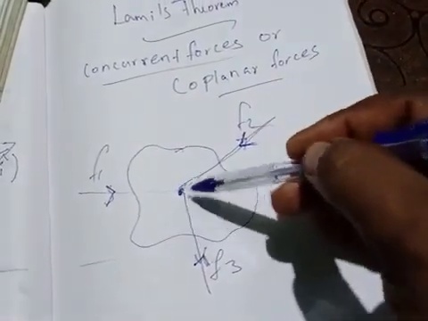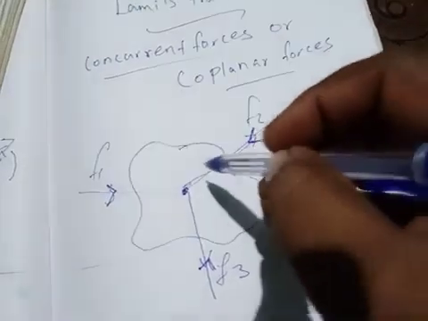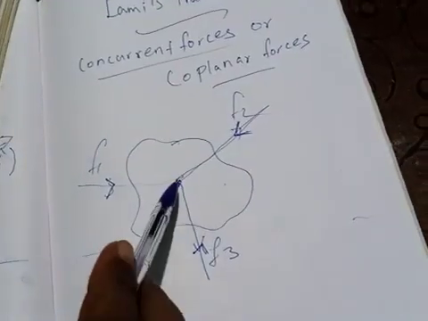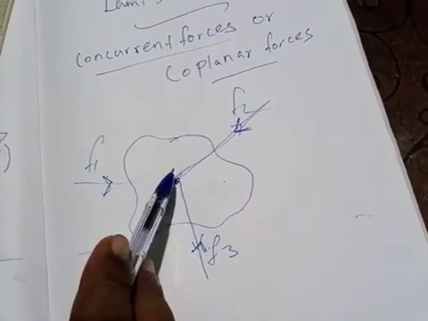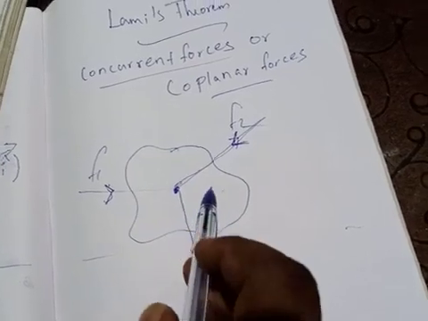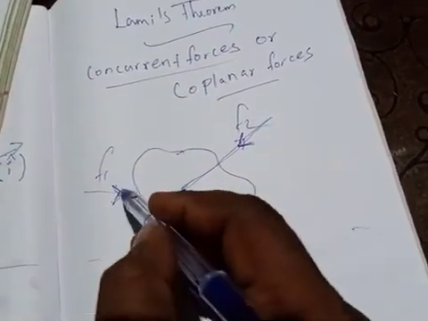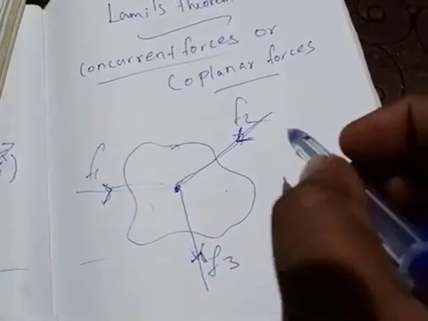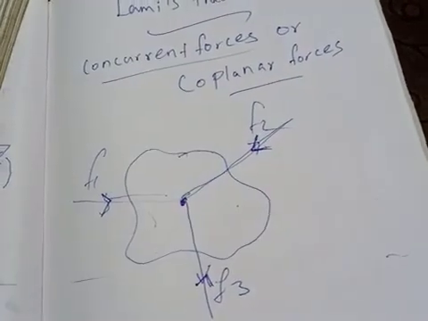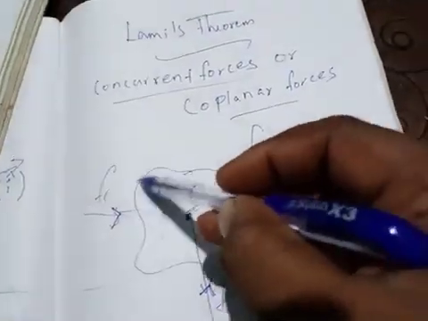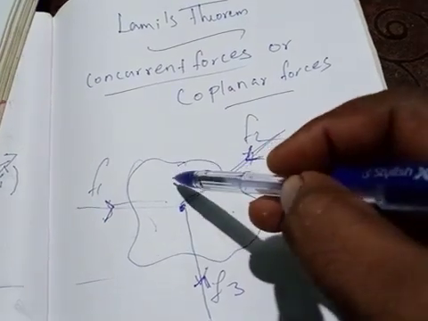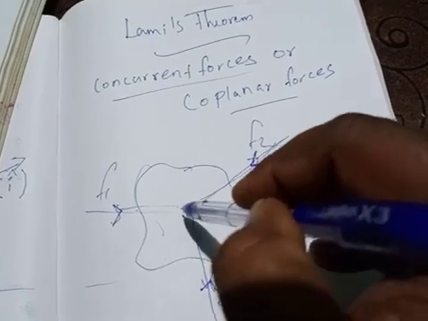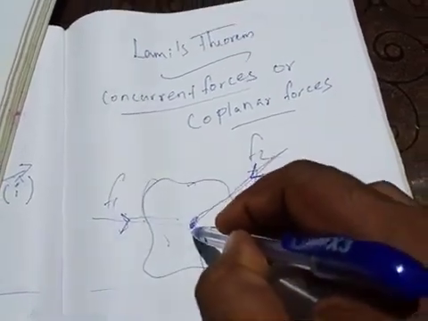So you can tell that this is concurrent, and it is an important thing: these concurrent forces need not be in the same plane. If they are in the same plane, we can tell that they are concurrent forces, or you can tell coplanar forces. Assume that this is a surface, different forces are acting, and all these forces are acting at a common point, so this is concurrent.